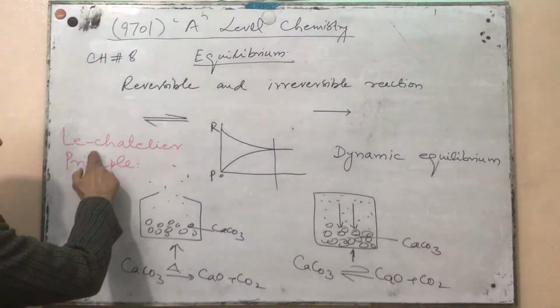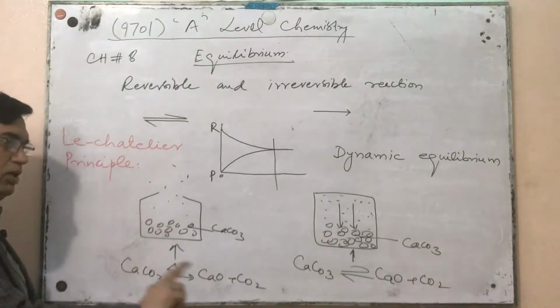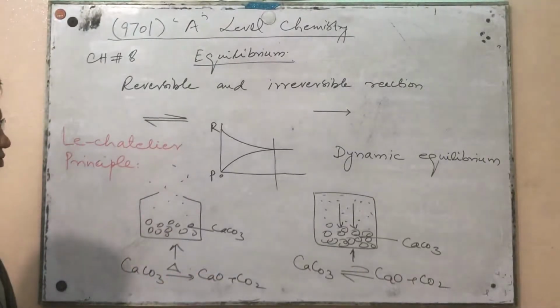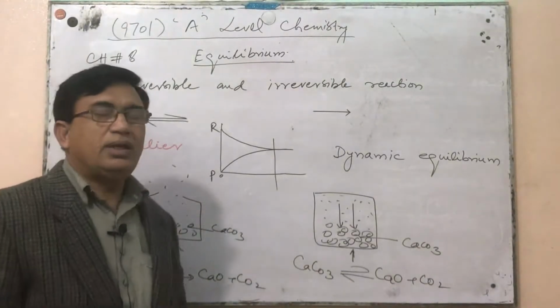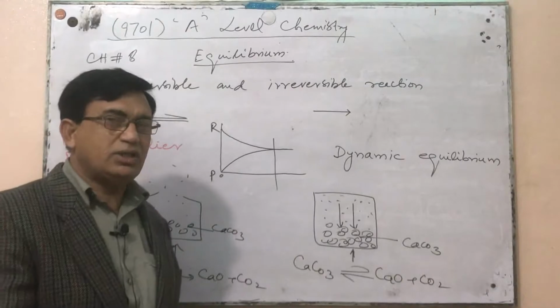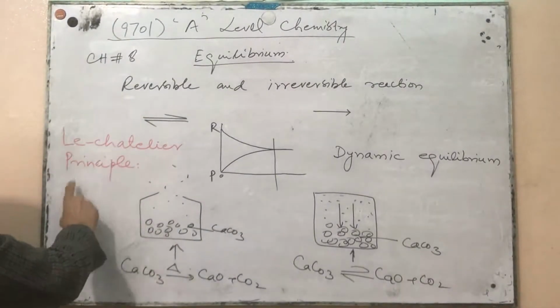If the reaction is in equilibrium already, then if we make some change in that, the reaction behaves in such a manner to undo the effect of that change. This is called the Le-Chatelier principle.